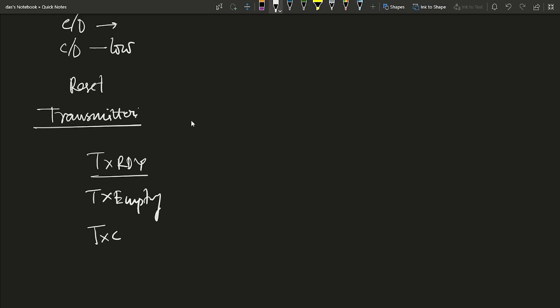Now we discuss the receiver section. This is very important. The receiver section accepts serial data and converts it into parallel data. Second, the receiver section is double buffered, that is, it has an input register to receive serial data and convert it into parallel, and a buffer register to hold the parallel data.